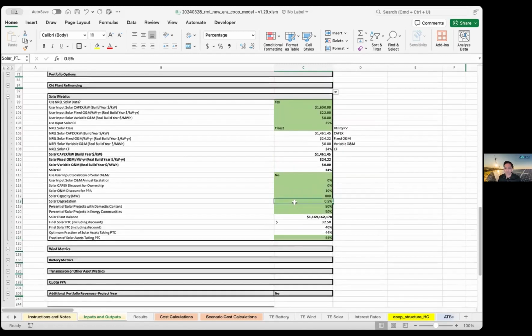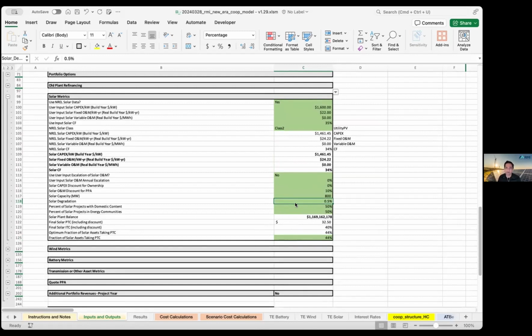Now, just as an aside, why would you ever really want to take the ITC relative to the PTC? Well, the PTC does involve more production risk that you bear if you own the asset, while the ITC does not have that risk, but might have a lower overall benefit. On the other hand, the bonus adders for the ITC may be larger.